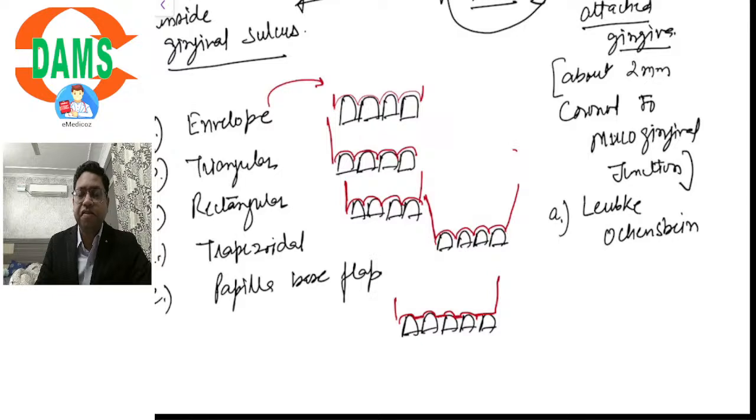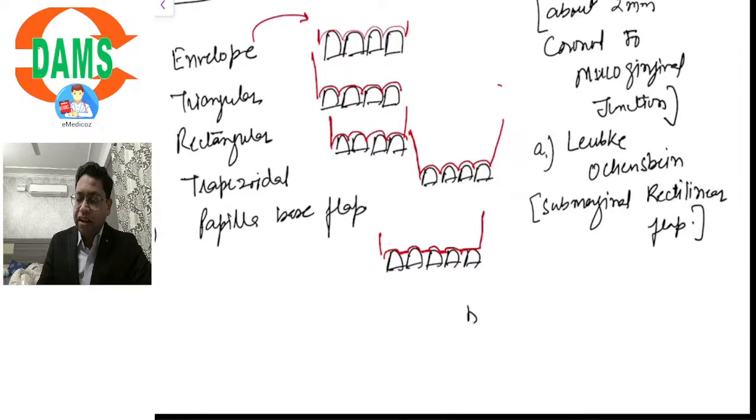This is also called submarginal rectilinear flap. And another example is semilunar flap. These are the two examples of partial thickness flaps.